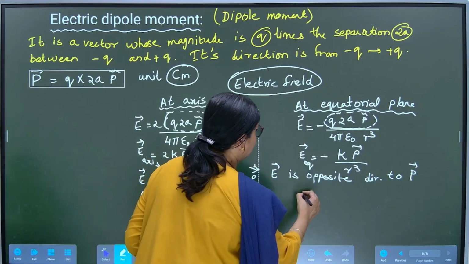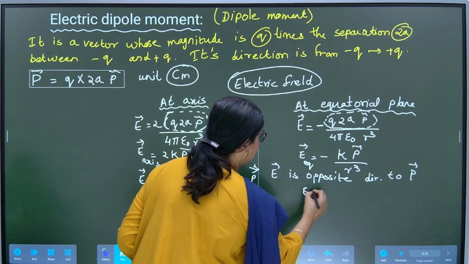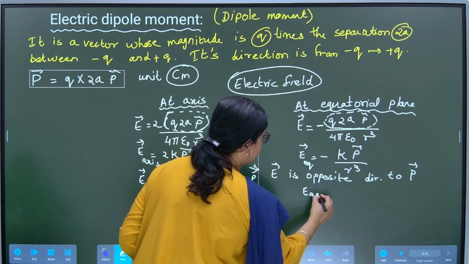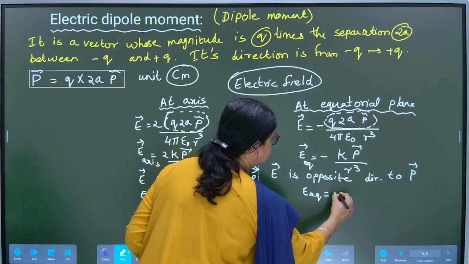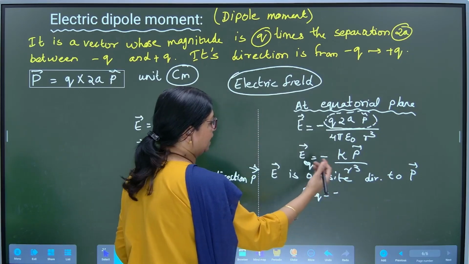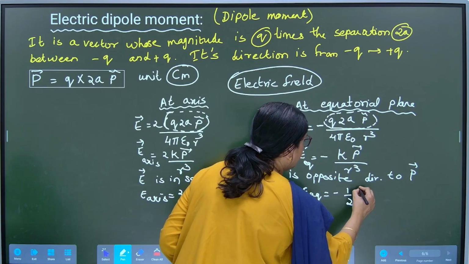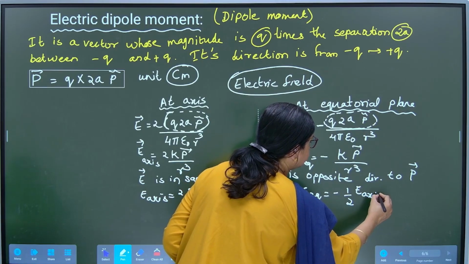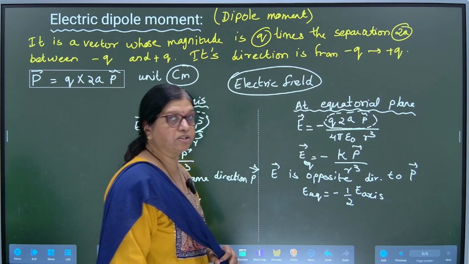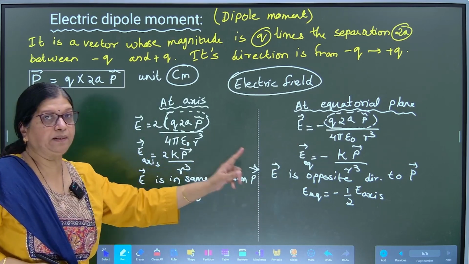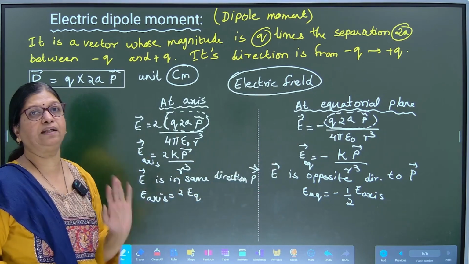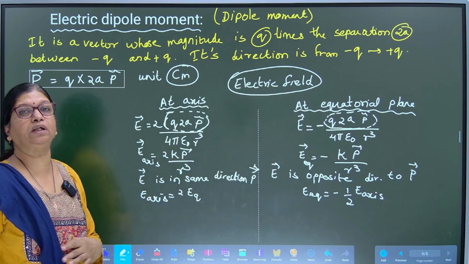And here E equator's magnitude is half of E axis. Am I right? Both ways the question can be asked. I need not write the negative symbol there because I am talking about the magnitude.